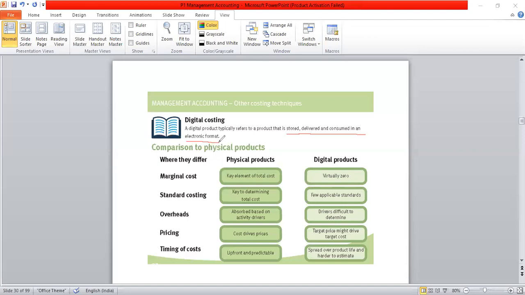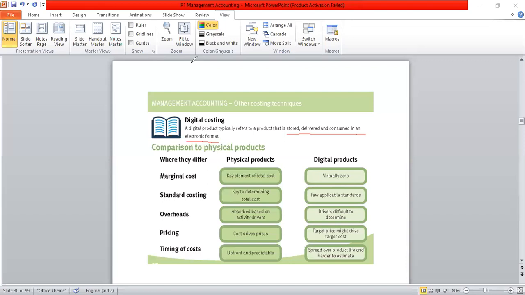In case of digital products, we are not very particular. The next topic we are going to do is standard costing only. We're going to see item by item all the elements of cost and how the standards are decided. It would not go on par with that, because the manufacturing cost of a digital product is not on par with the physical product, but a few standards would be applicable.